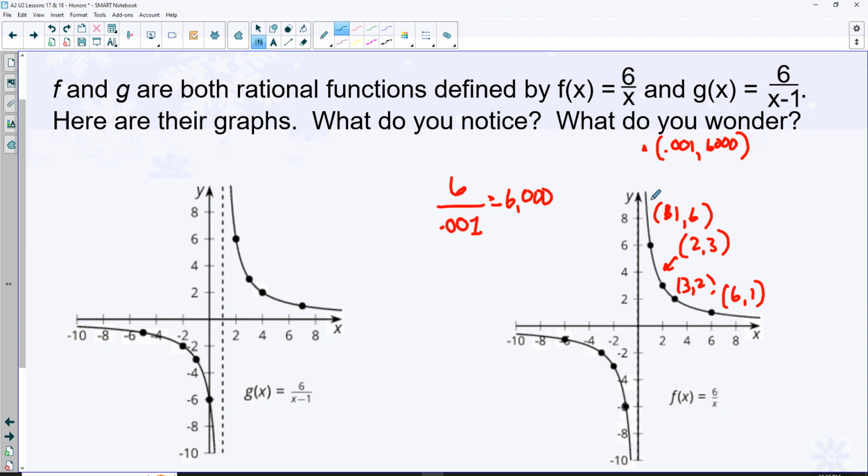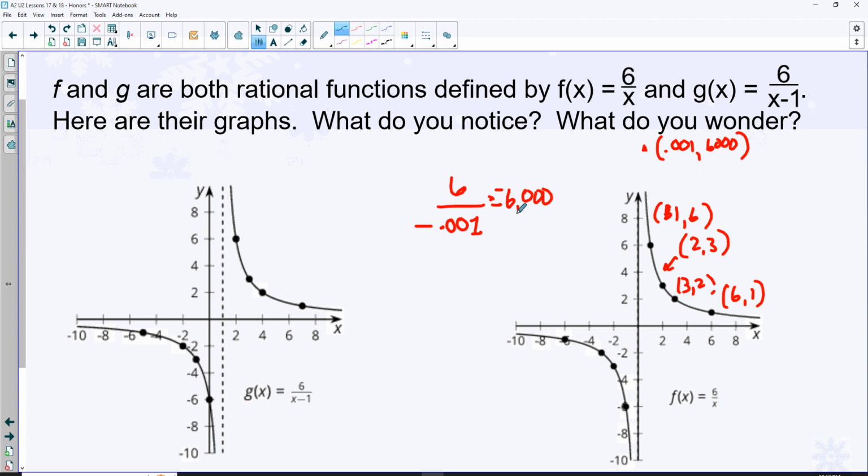What happens if now you jump to the other side of the axis? Now, again, I can't use 0, but I can jump to the other side and do like negative 0.001. Well, what happens if this is negative? Positive divided by negative is negative.